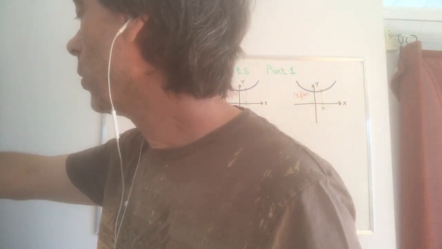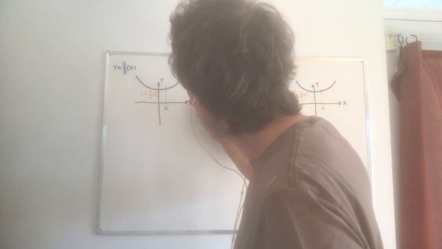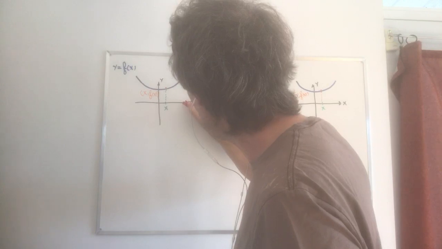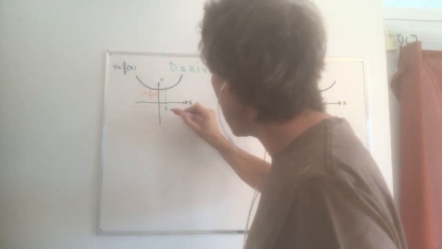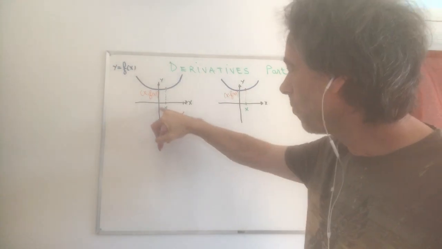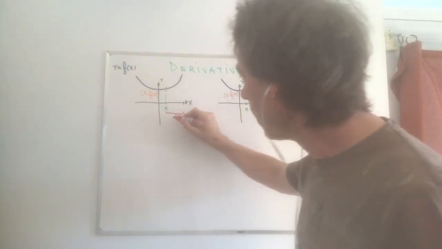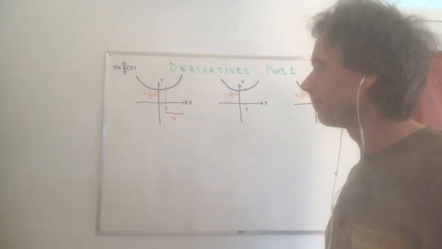Here's what we would like to do with this. We'd like to take another point further away. Let's have this point here further away. And let's call the distance between this point x and the point further away h.